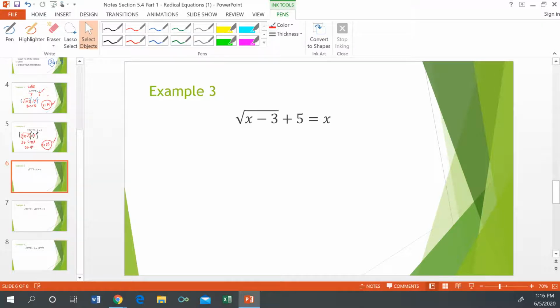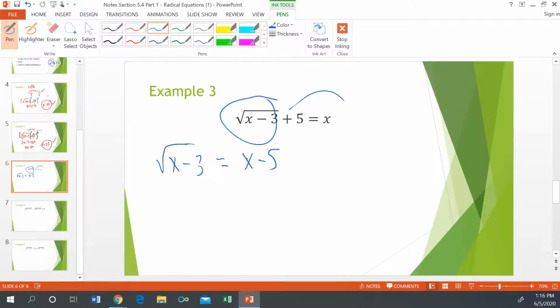Okay, this is a little different. I have variables on both sides. I'm still going to get this radical all by itself, so I'm going to get rid of the 5. The square root of x minus 3 equals x minus 5. Same scenario, I'm going to square both sides.